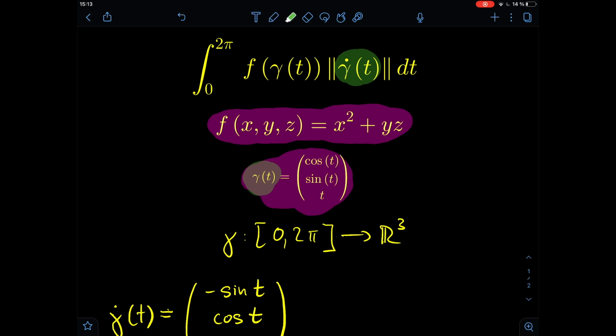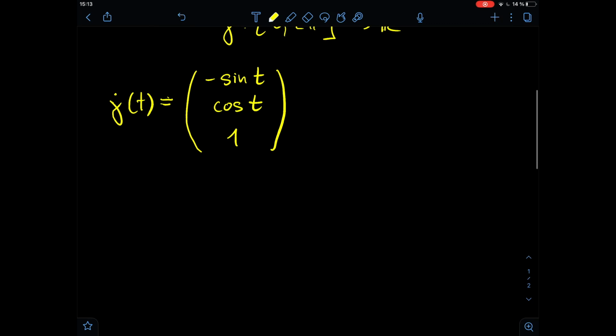So this is the derivative of our curve, but now we have to calculate the norm. When we take a look at the integral above here, we see that we need the norm of the derivative of the curve. So the norm of a function, let's call the function f of x, is defined as the square root of the scalar product with itself.